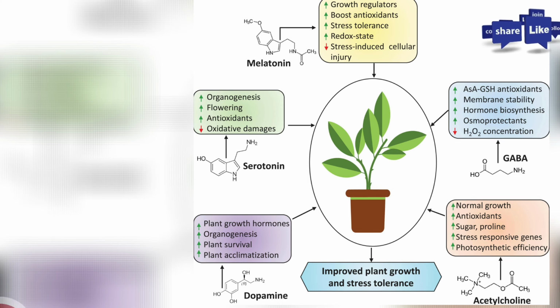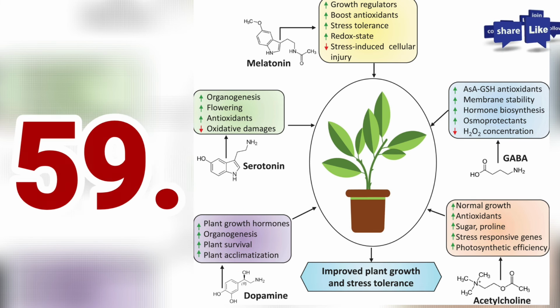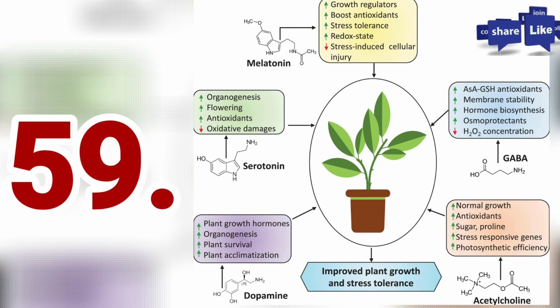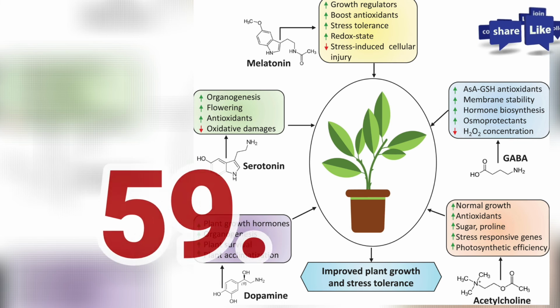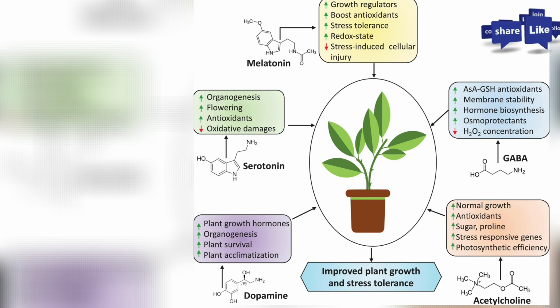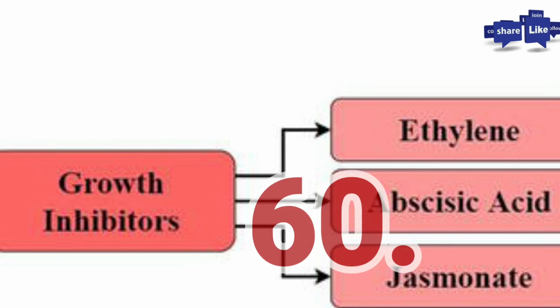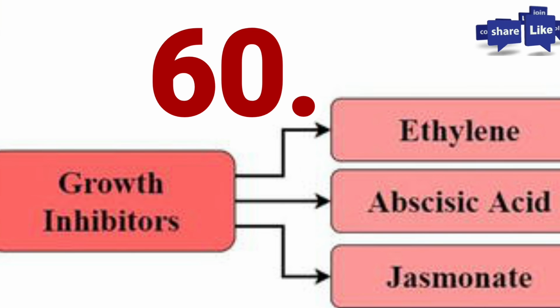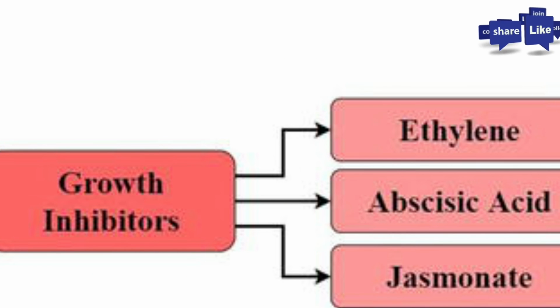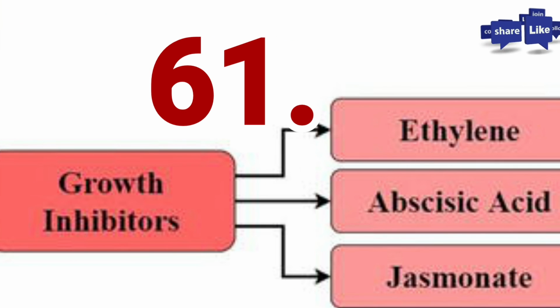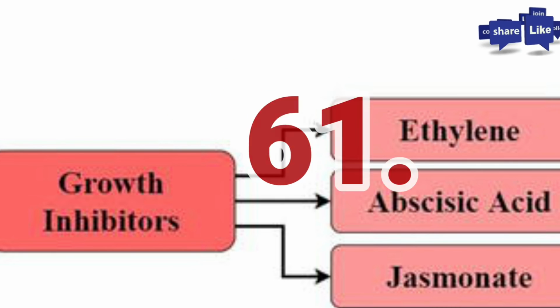Growth inhibiting activities of PGR are dormancy, abscission, and response to wound and stress. Plant growth inhibitor is abscisic acid. Ethylene is both promoter and inhibitor, but it is largely an inhibitor.